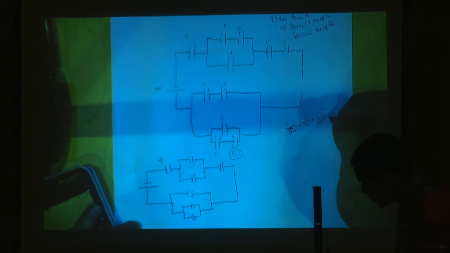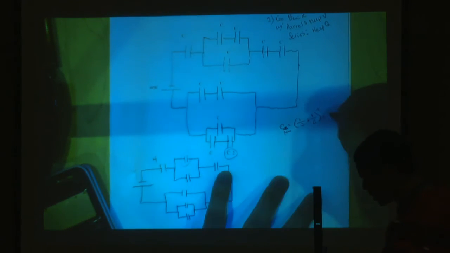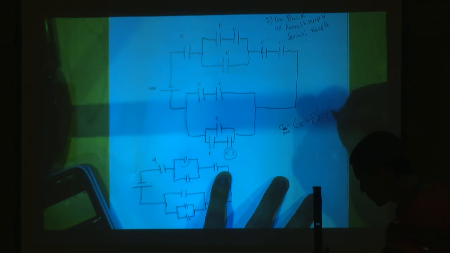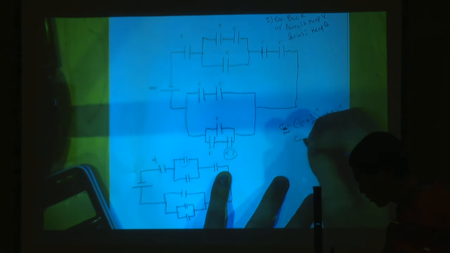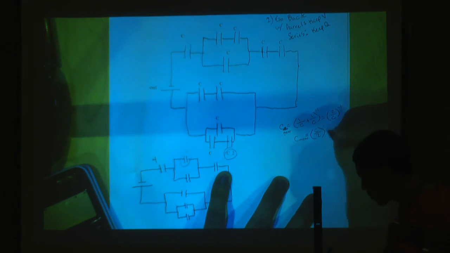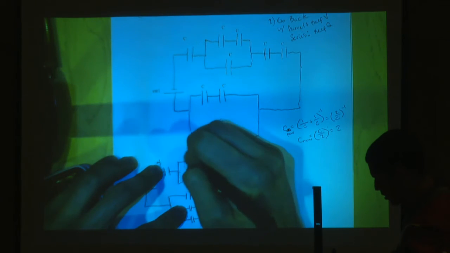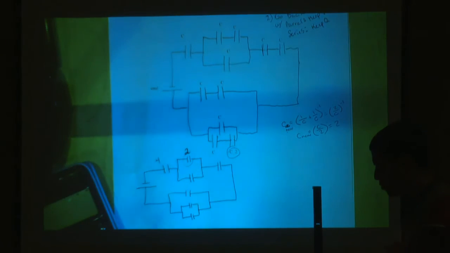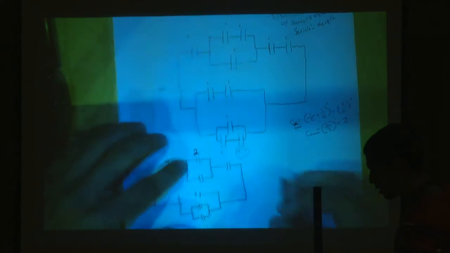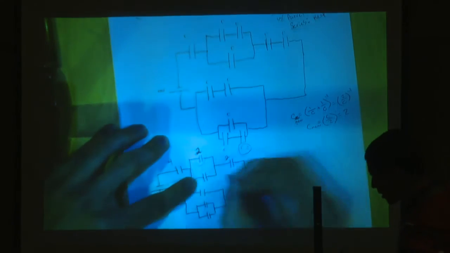They have the same thing, so it's going to be 2C inverse, which is equal to C over 2, right? And C was 4, thus our new one will be 2. Two microfarads, okay?